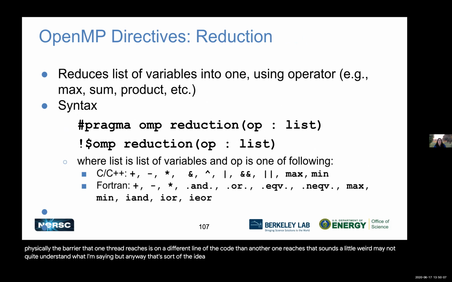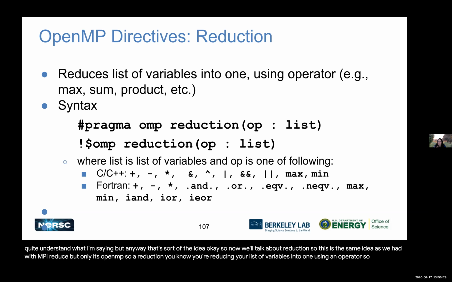Okay, so now we'll talk about reduction. This is the same idea that we had with MPI reduce, but only it's OpenMP. So a reduction, you're reducing your list of variables into one using an operator.